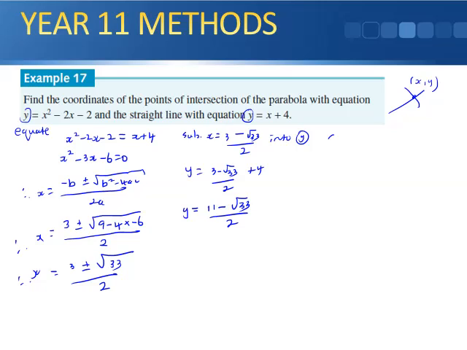And if you sub x equals 3 plus the square root of 33 over 2, you end up getting y equals 11 plus the square root of 33 over 2.